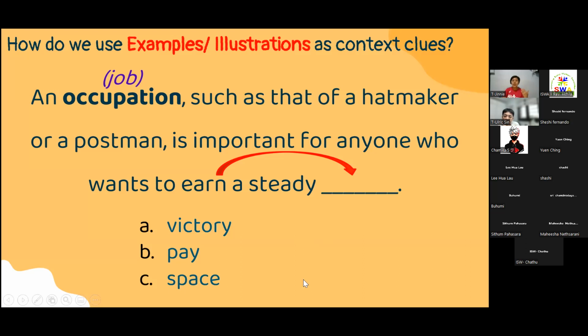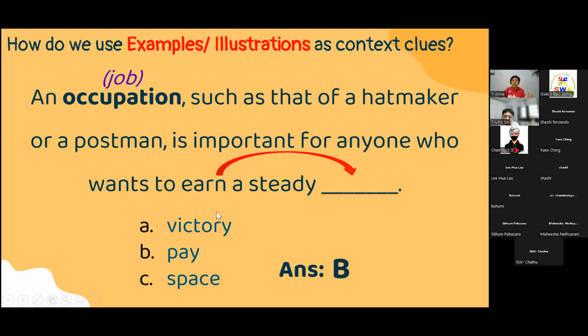Okay, what else? Okay, it's fine. I know, very good, you got it. Because of the word earn, and we know that it's a job. Okay, the answer is pay, correct.